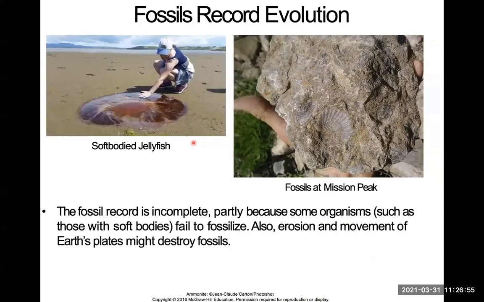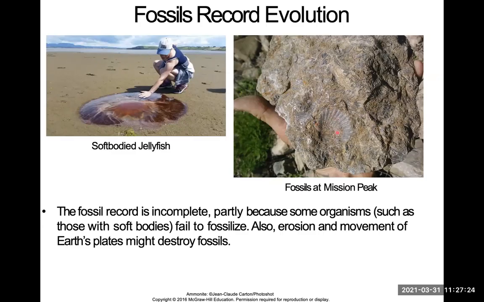So the reason this fossil evidence is kind of biased means you have a lot of evidence for one species, you might not have enough for the other. It depends on basically if that species can even be fossilized. If they're soft-bodied, like a jellyfish, they won't be fossilized. So that's the reason the fossil record is incomplete, because some organisms, such as those with soft bodies, fail to fossilize.